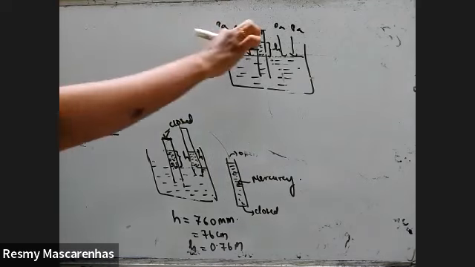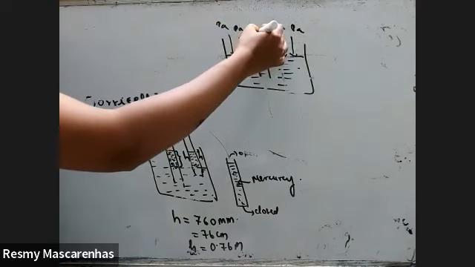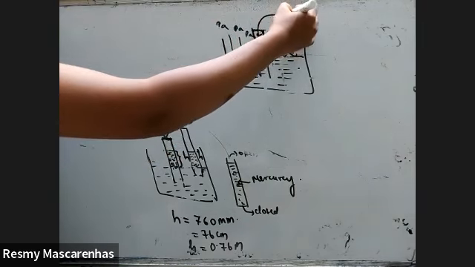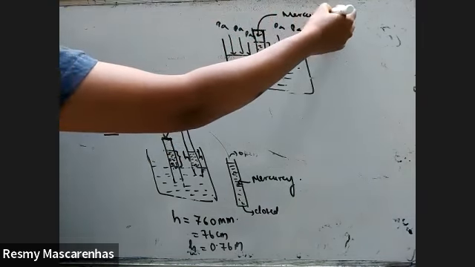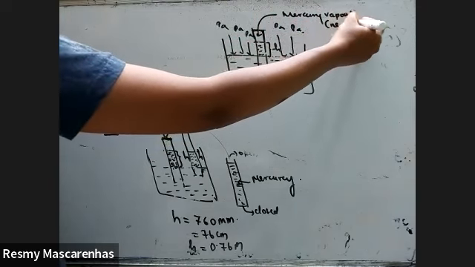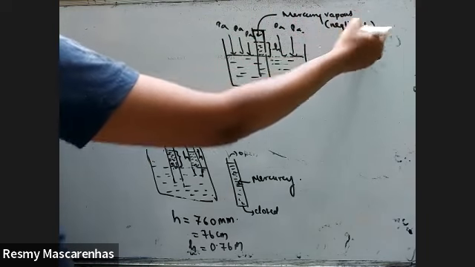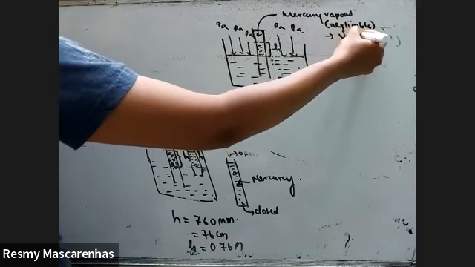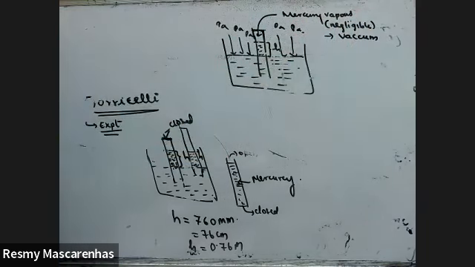Now what about the inside of the tube? He assumed there are mercury vapors which are negligible, so it is almost equal to vacuum. He considered it to be equal to vacuum.